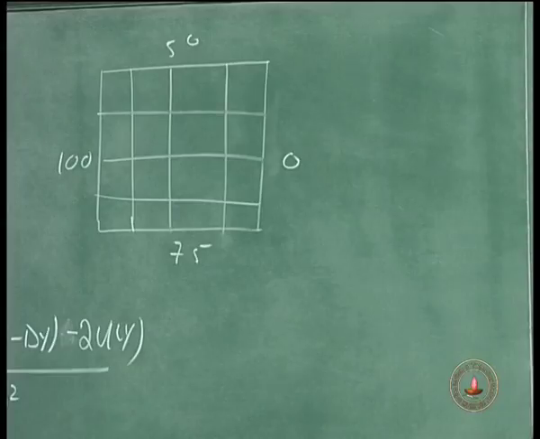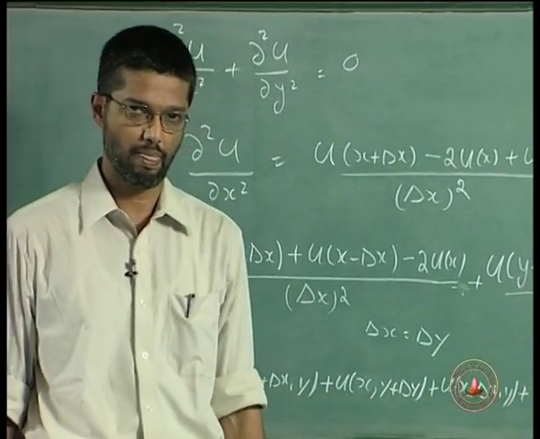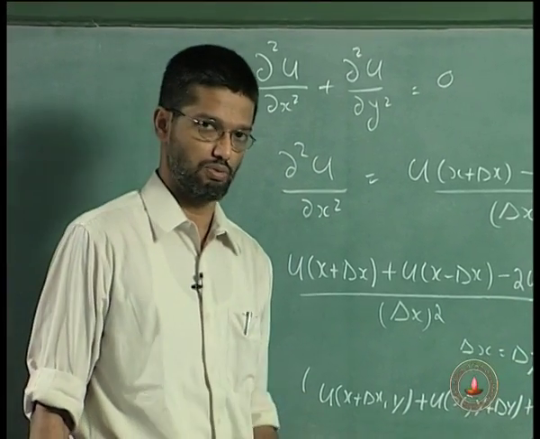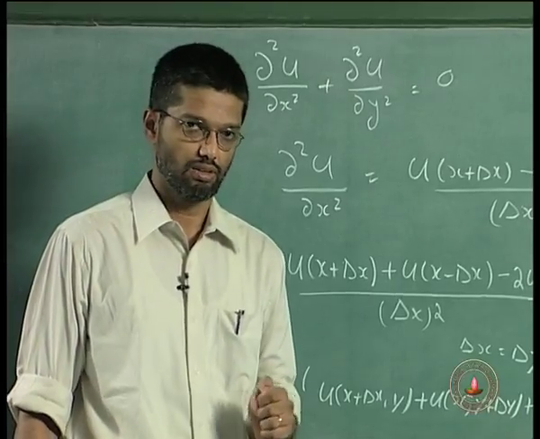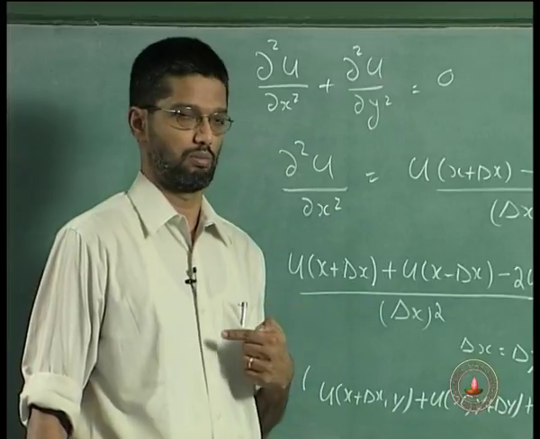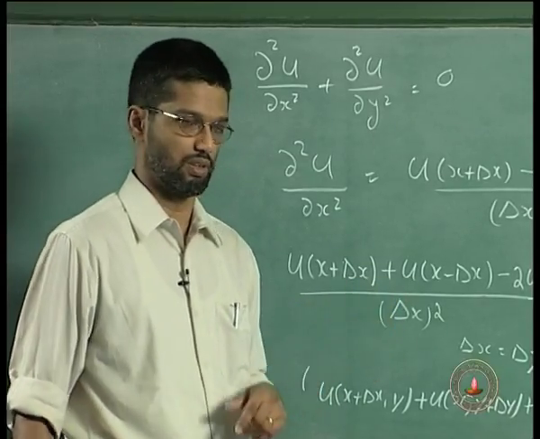And in that kind of case we will have to solve a time dependent equation. So in this course we will only look at one dimensional time dependent equations, that is one space dimension and one time dimension. So we will look at only those particular cases.